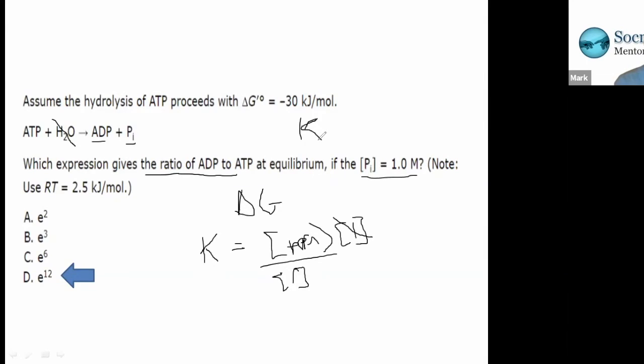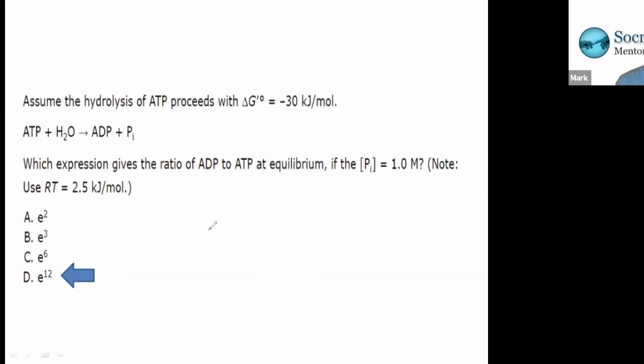And they give us RT, which is 2.5. Well, we have an equation that we can use, right? Delta G equals RT ln K. We know that RT is 2.5, so we can actually solve it. We don't need any temperatures, we don't need any R's, we don't need anything. 2.5 times ln K, and we know that this is negative 30.